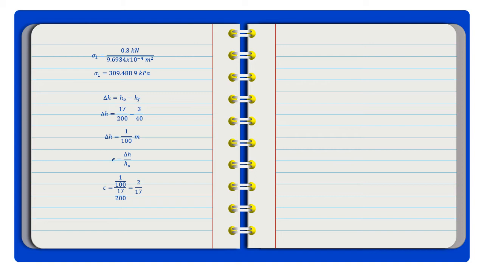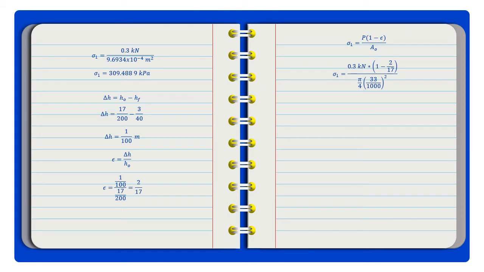Now, itong strain na to is gagamitin natin dun sa derived equation natin from our concept on the shear strength of soil, which is the part 4 video. So, substituting that one dito sa equation na to, which is sigma is equal to P times 1 minus strain over area original. So, isubstitute natin lahat ng values.